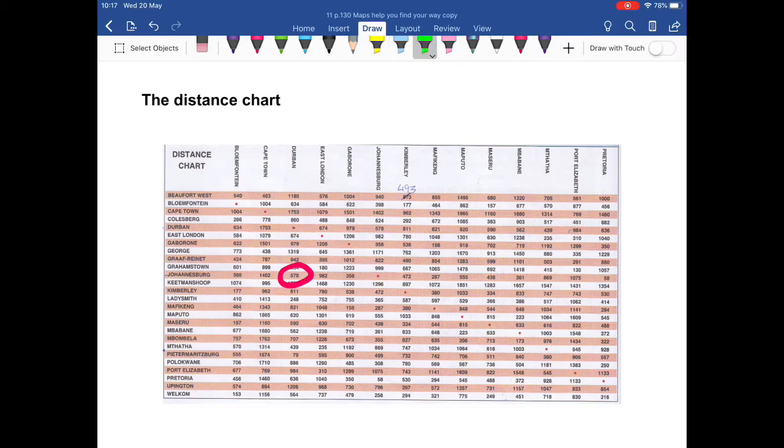I could also go this way. I could go from Durban here, those are Durban distances, to all these places along here, and I could look for Johannesburg, and where the two intersect, that is the distance. And you will see that if I take either one of those, it is 578 kilometers.